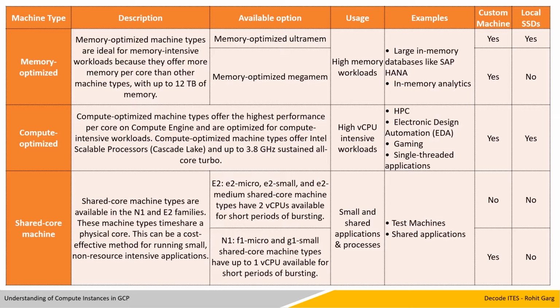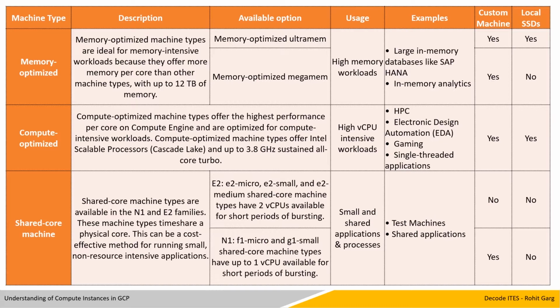In future, there is a possibility that Google increases this limit. They are best to use for high CPU intensive workloads like HPC, electronic design automation, gaming, single thread applications, and some highly OLTP operating databases. The best part is these machines support both custom configuration as well as local SSD.